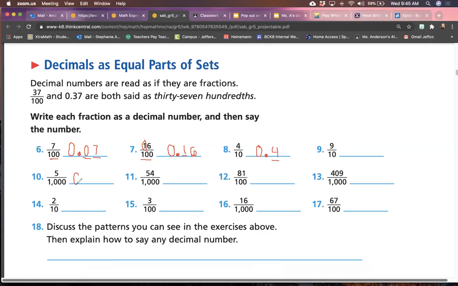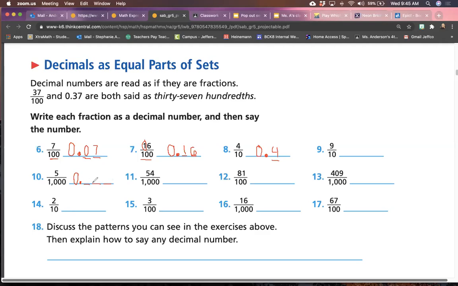Who is feeling up to the challenge for 5/1000ths? I want to hear from someone else. 5/1000ths. Where would that go? We could go 1 place value over, 2 place values over, or 3 place values over. Anyone have an idea? Bella B, where do you think the thousandths would go? I think it would be able to go on the lines.